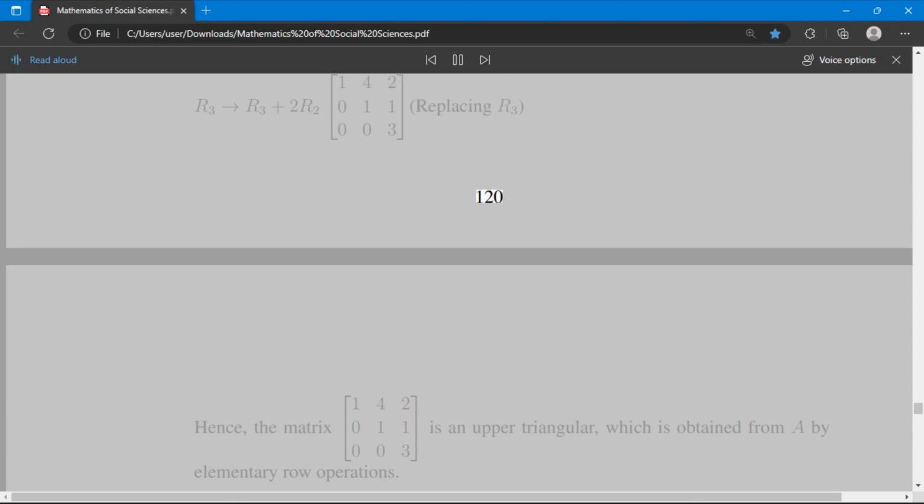Replacing R3. Hence, the matrix 1 4 2 0 1 1 0 0 3 is an upper triangular, which is obtained from A by elementary row operations.